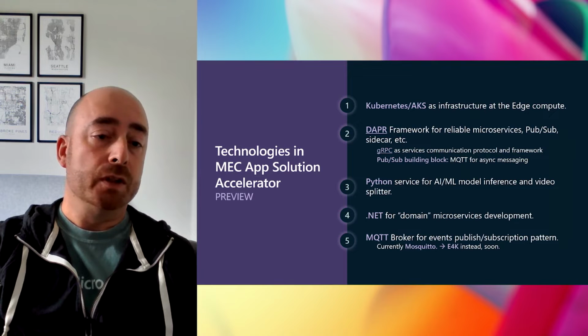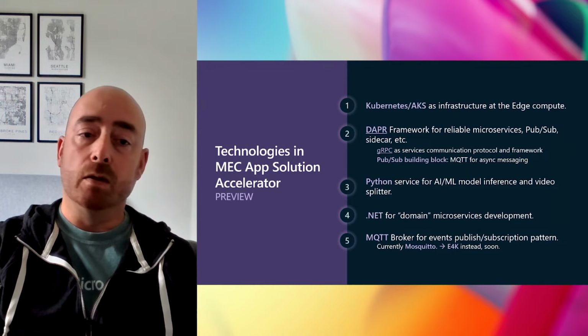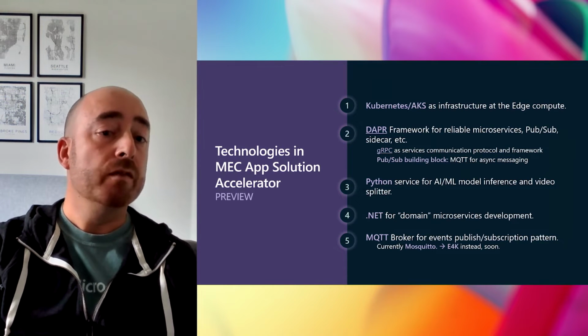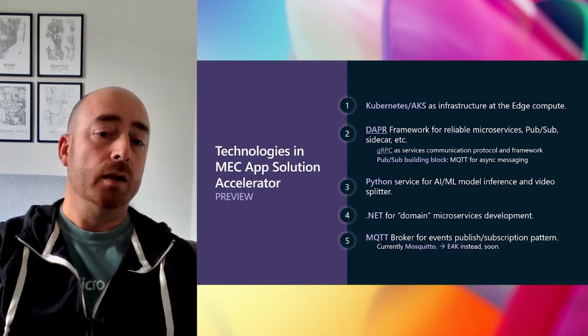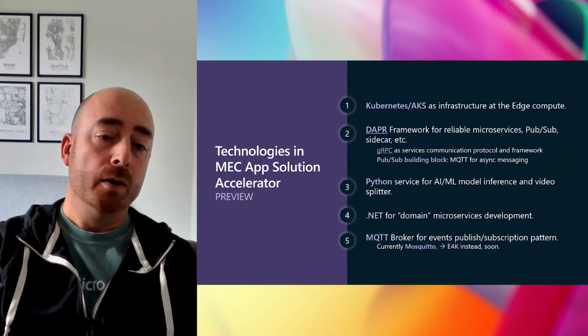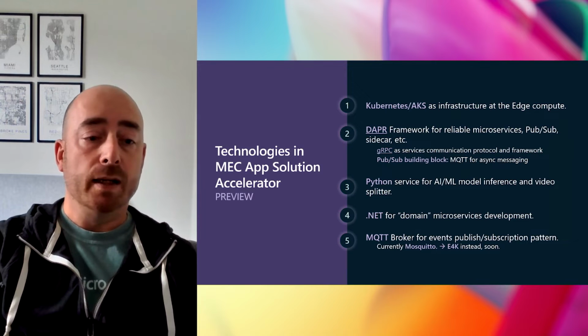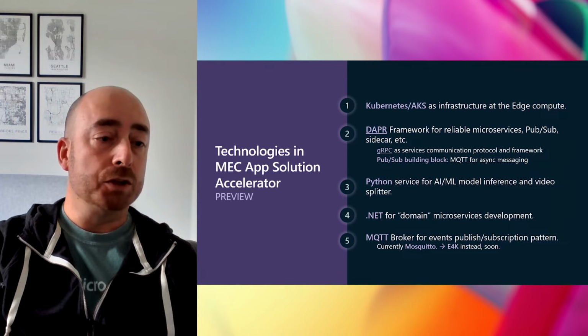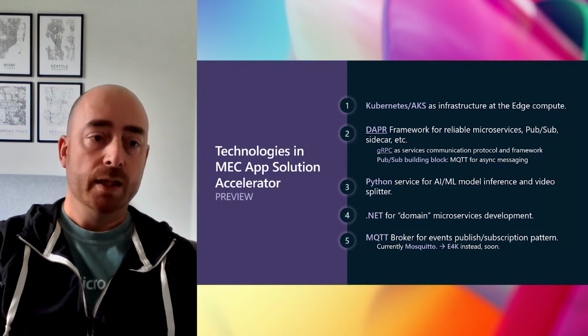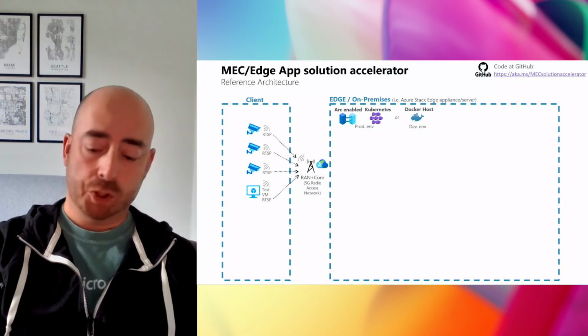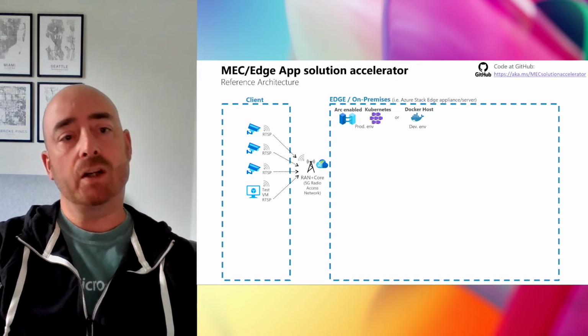And then you'll see Python services for scoring or for inferencing with a deep learning model, and then other microservices using .NET and an MQTT broker for messaging, right? So these are the technologies. And then I'm going to show you here the architecture, okay?